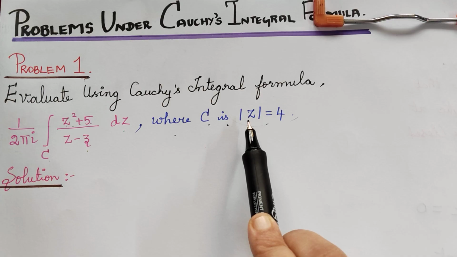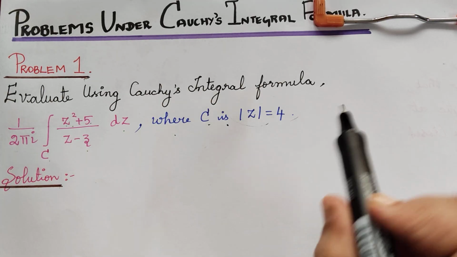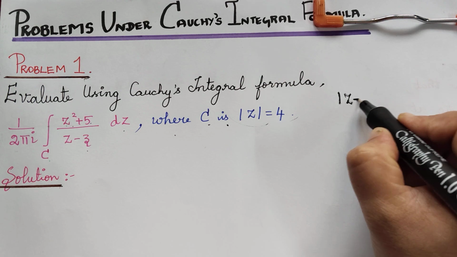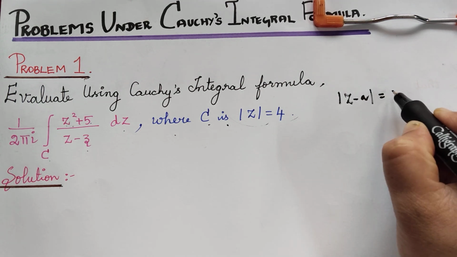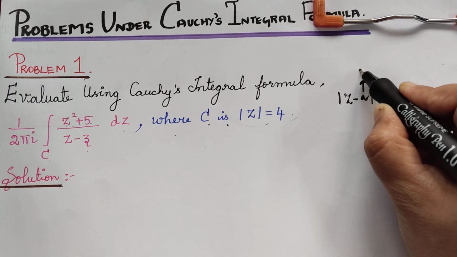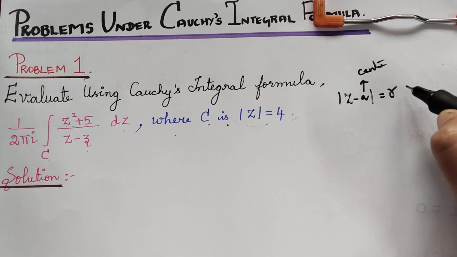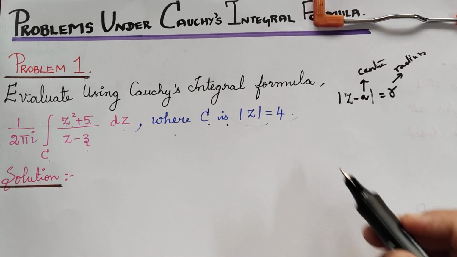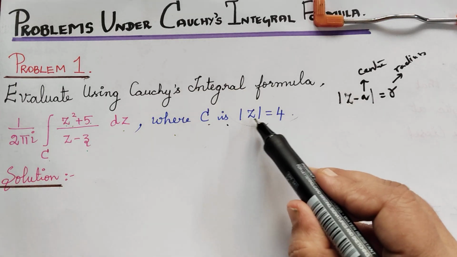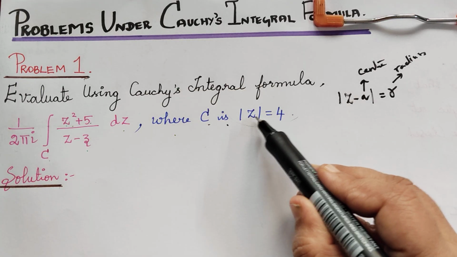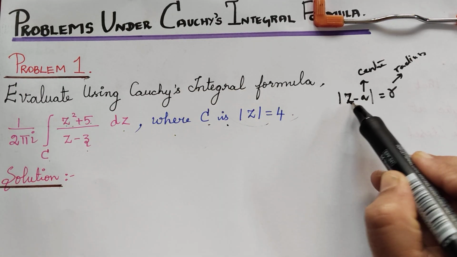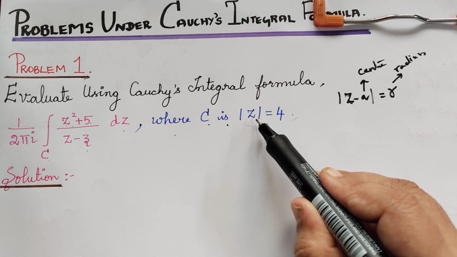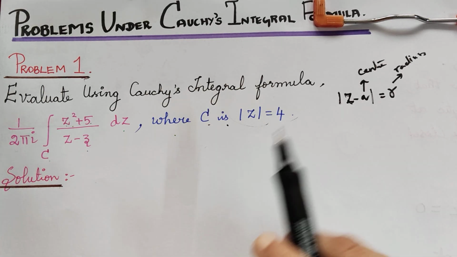This circle means the center is at the origin, because the equation of the circle is modulus of z minus a equal to r, where a is the center and r is the radius. Here a is 0, so the center is at the origin and the radius is 4.